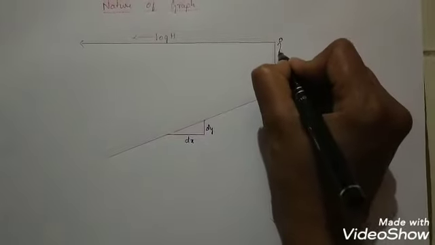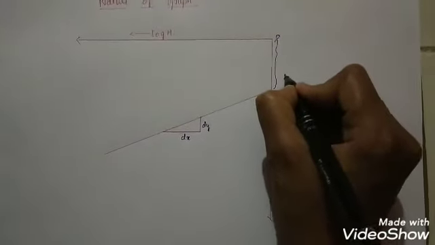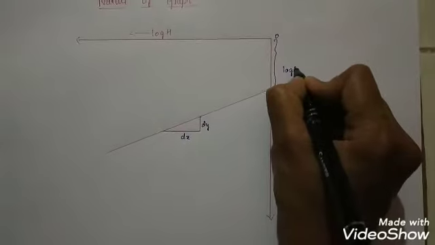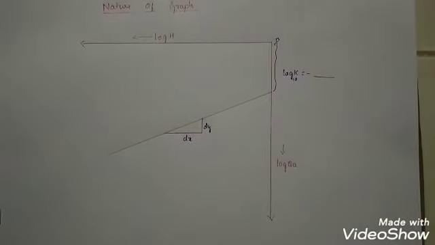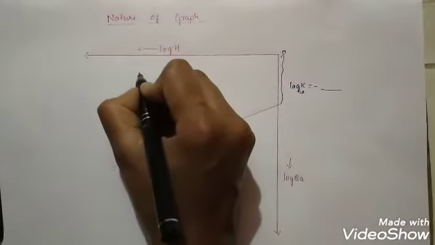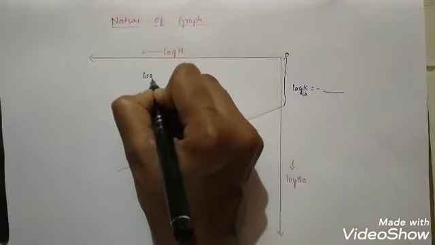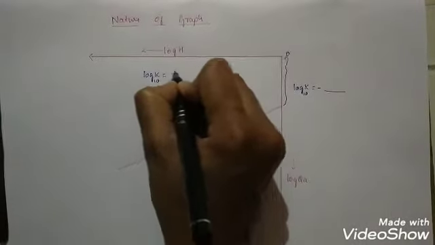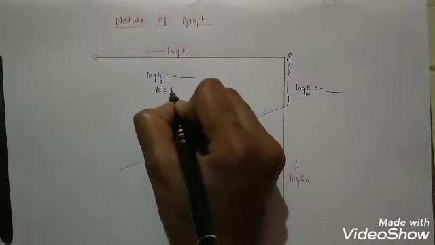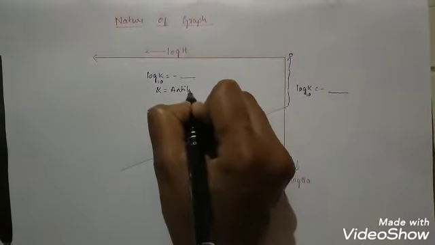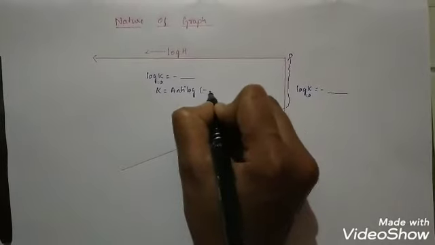From this origin up to this straight line point, I will mark this value, it is a log k to the base 10. So it is a negative value because our graph it is there in the third quadrant, and here I need the k value. So for that, log k to the base 10, that is equal to a negative value, and k I need it here. So k it is nothing but anti-log of minus that value.